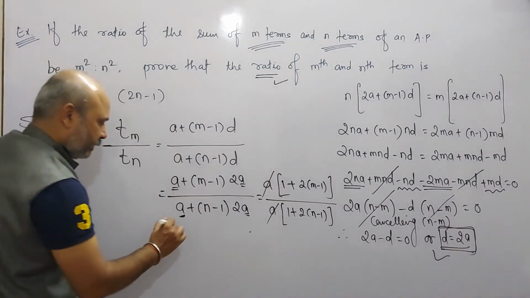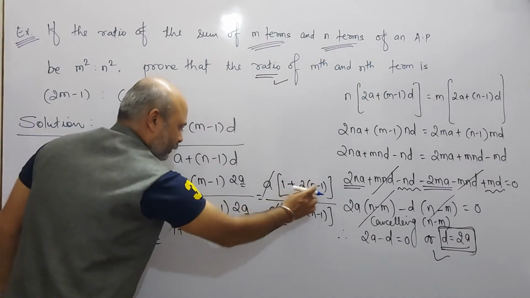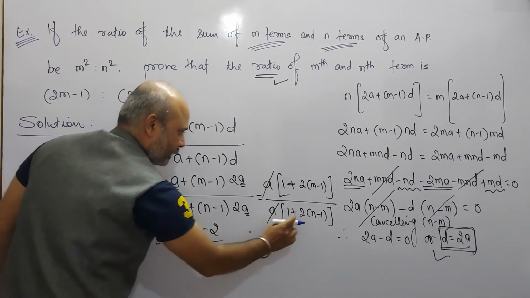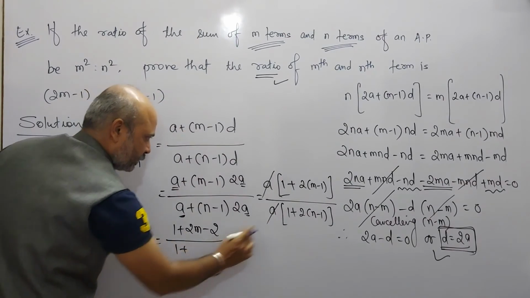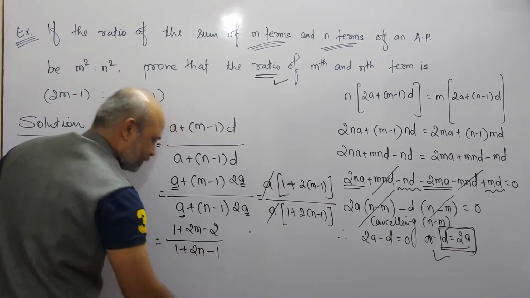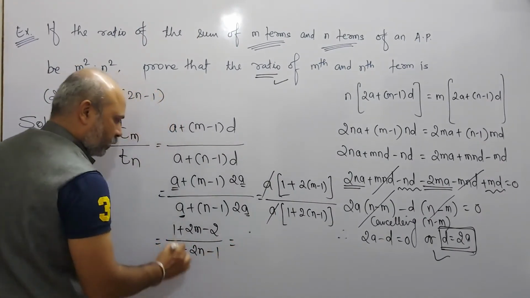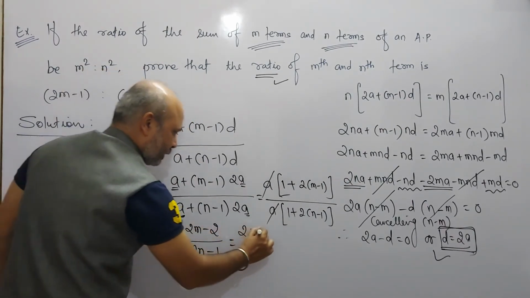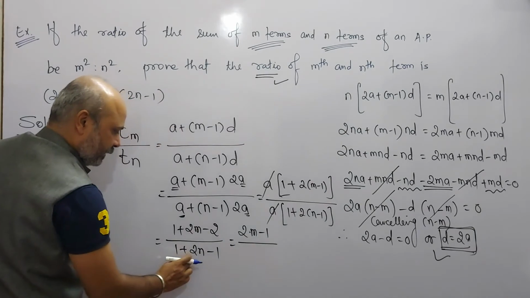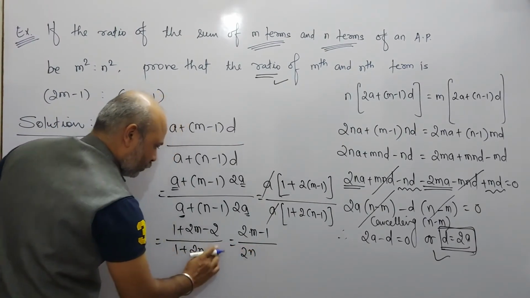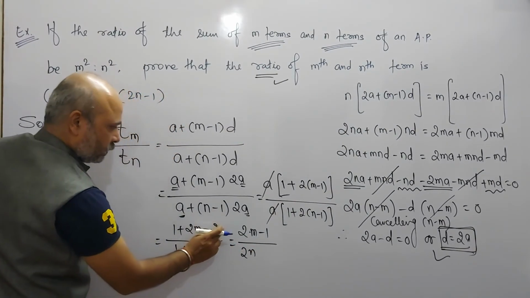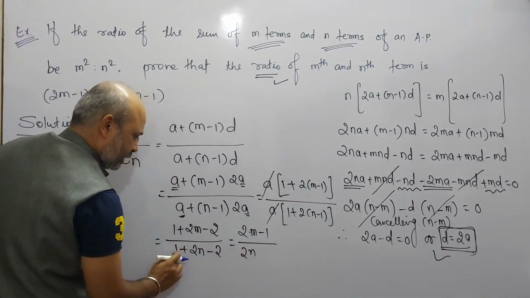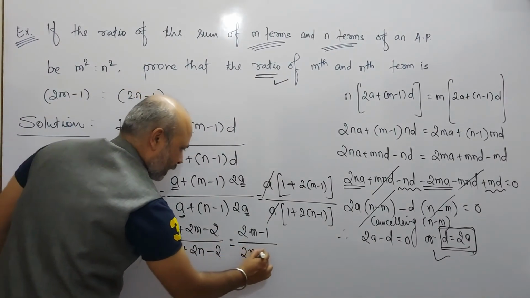So what you will get? 1 plus this multiplied 2m minus 2 divided by 1 plus 2n minus 1, which is equal to what? 2m minus 2 plus 1 is minus 1, divided by 2n. This is 2n, this plus 1 minus 2 becomes minus 1.